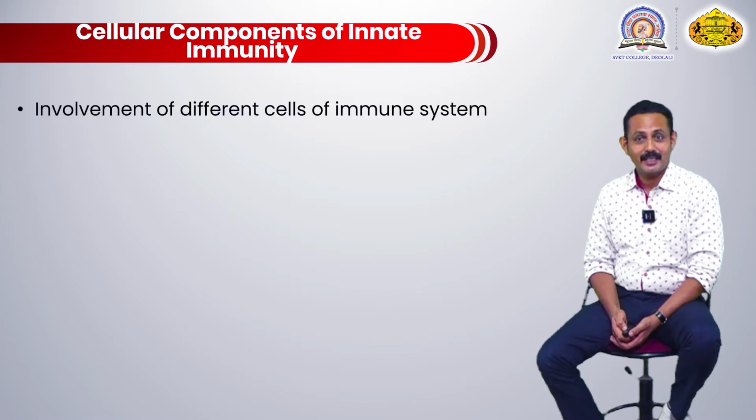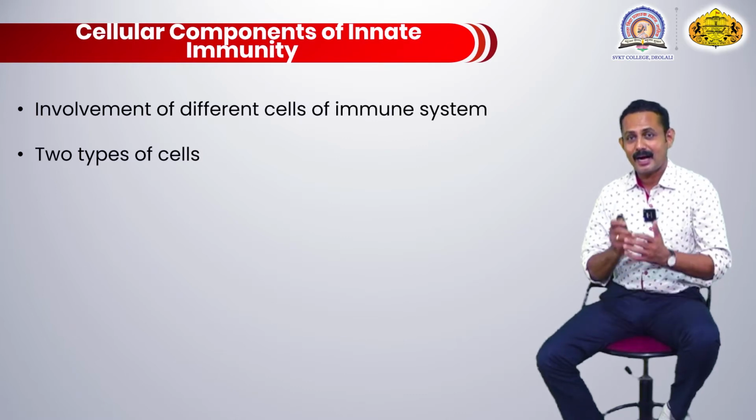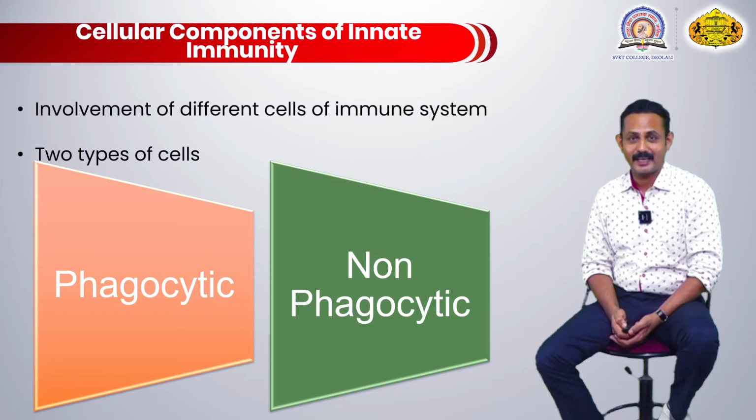Which are the cellular components of innate immunity? This involves different types of cells. Depending upon their mechanism of action, they are classified into two categories. The first is phagocytic cells, which destroy the antigen by engulfing and internalizing it and carrying out intracellular digestion.